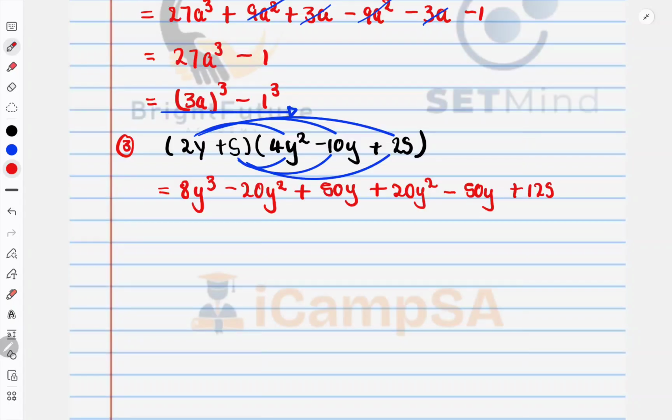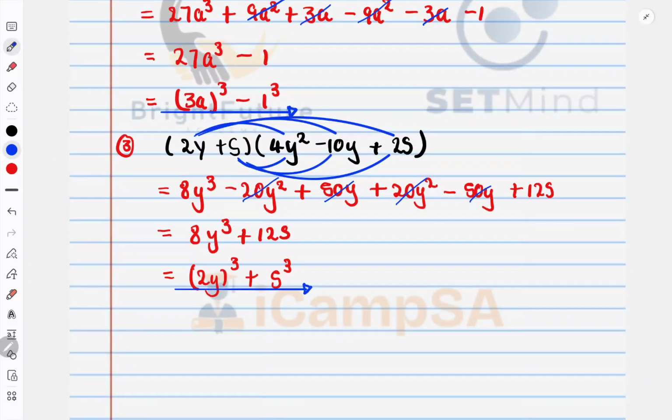And then you know what we do with the like terms. We add them; the 20y squared terms go, and the 50y terms go, and then we are left with 8y cubed plus 125, which is in fact a sum of 2 cubes, because this can be written as (2y) cubed plus 5 cubed.